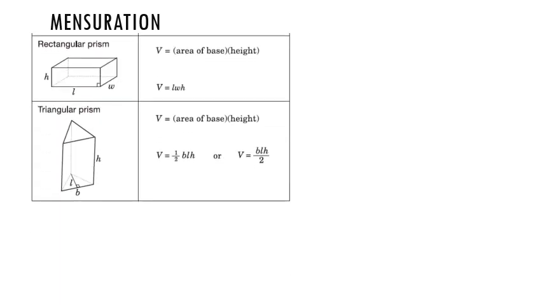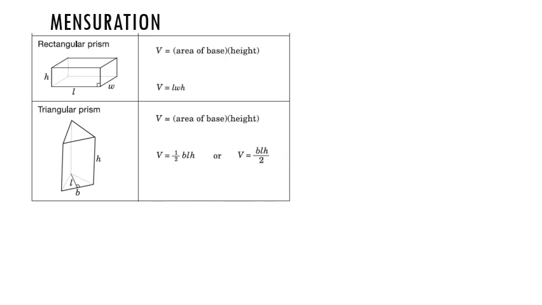Mensuration is a branch of mathematics wherein various formulae are discussed and derived for area, perimeter, circumference, volume, etc. For our estimation, we deal with the volume.